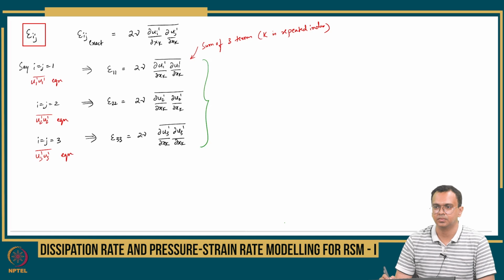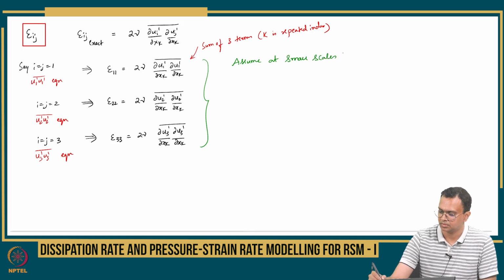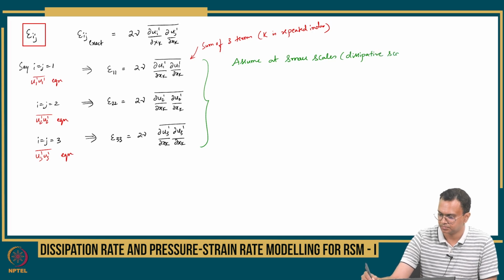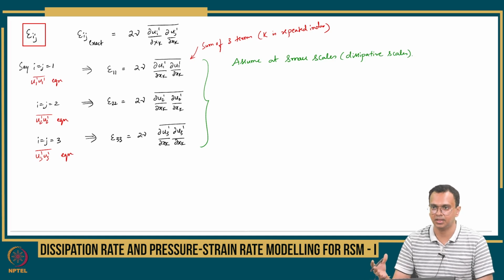We assume that at small scales, which we will also call dissipative scales, since turbulence is a multi-scale problem with eddies of different sizes, at the smaller eddies, the so-called dissipative scales, there is local isotropy.